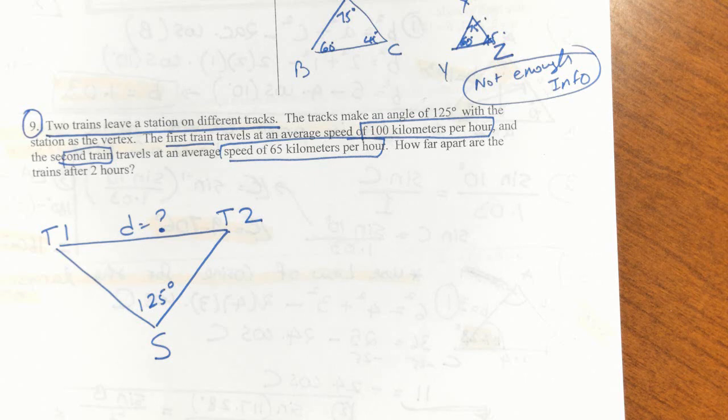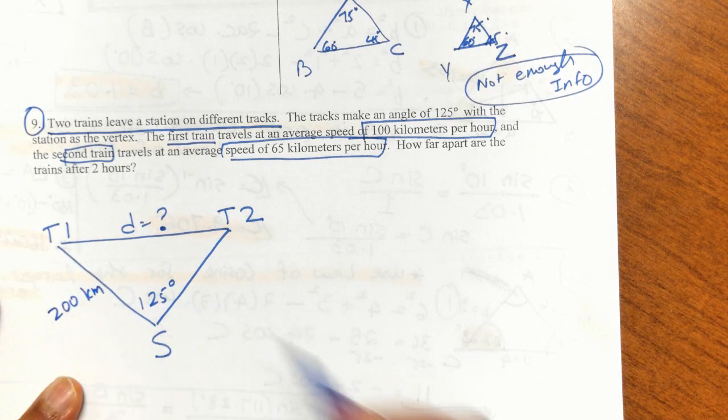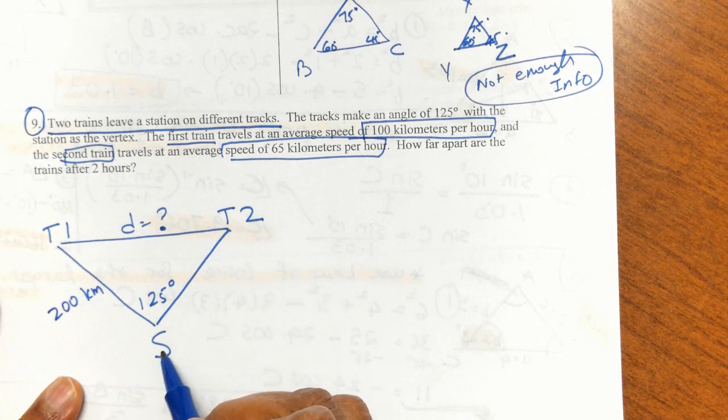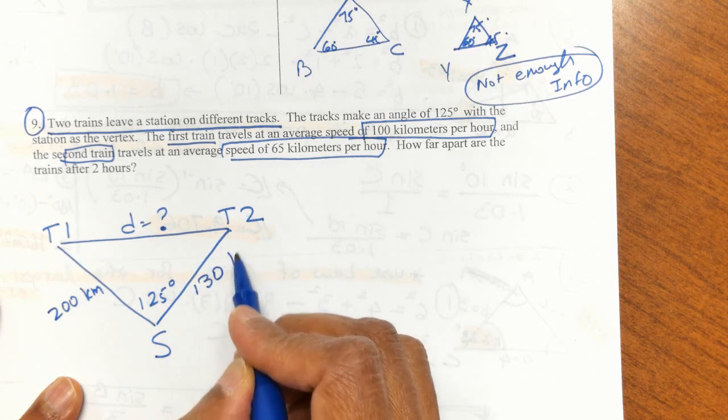It is traveling for how long? It's going to be 2 and 2 hours. Perfect, so it is giving me the time. If I have the speed and the time, I just have to put in the numbers. So train 1 to the station has traveled 200 kilometers. Train 2 to the station is 65 plus 65, 130 kilometers.